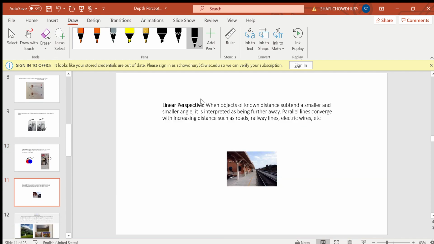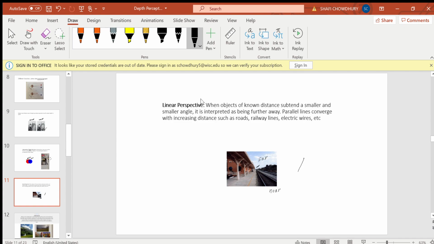So, linear perspective. This is another retinal image cue. You see, we know that as you look further, things converge and get narrow. Like if you see two train lines here, this is far and this is near.